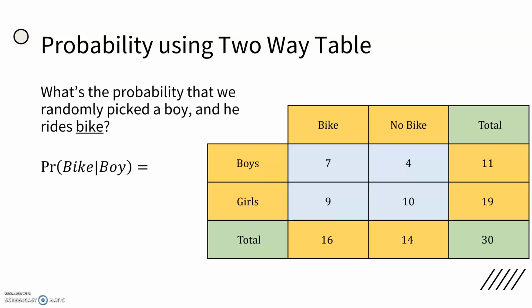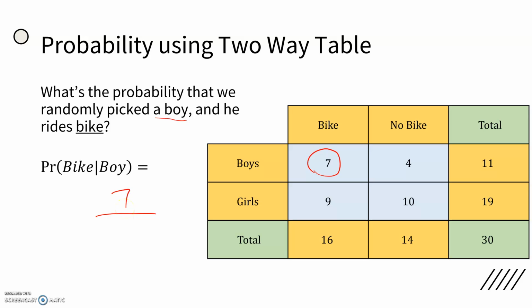Okay, so basically this is the conditional probability that we're talking about. The question says, what is the probability that if we randomly pick a boy, remember, we need to pick from the group of boys, and then the person actually rides a bike? Still, we pick a boy who rides a bike, so that's the 7 we get on top of the fraction, no problem at all.